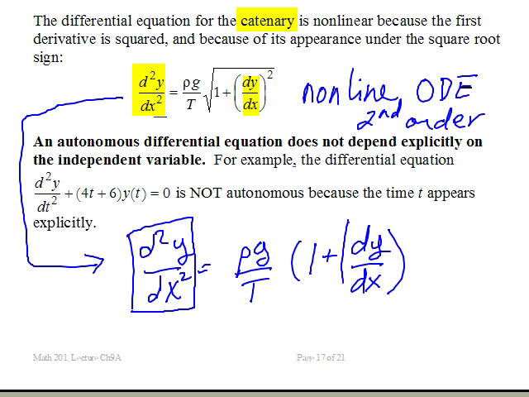Here's the first derivative. It is not squared, cubed, or raised to any power or multiplied by any other function or derivative. This would be linear. But once we take the square root and square it, once we do these two things, then it's nonlinear. Okay? So I hope you can see that difference. That's an important difference: what is a linear differential equation and what is a nonlinear differential equation?